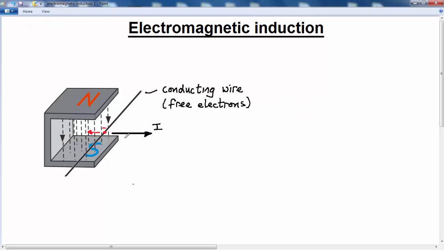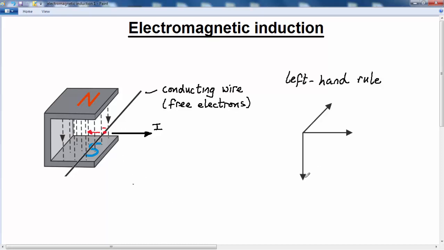So now we want to think about what will happen to that negative charge, that electron, as it moves through this field. To do that, we're going to apply what is called the left-hand rule, which you've already seen in this unit. If you've forgotten about that, maybe you should go back and have a look at the lesson on the left-hand rule. This left-hand rule helps us decide in which direction the force will act on the electron as it moves through the field.